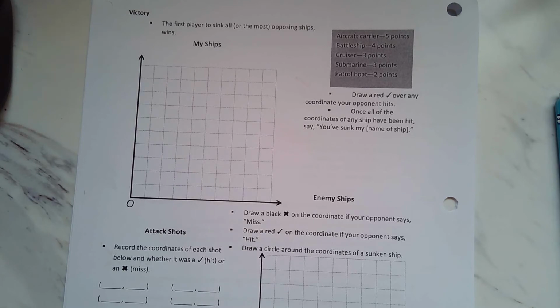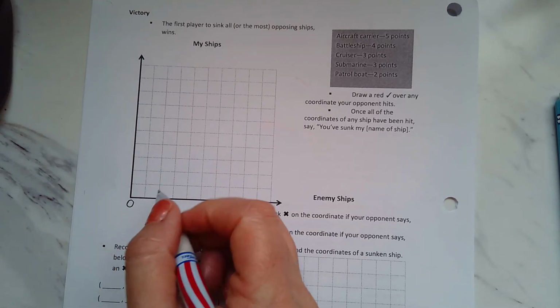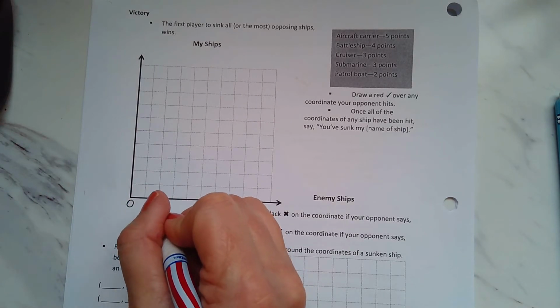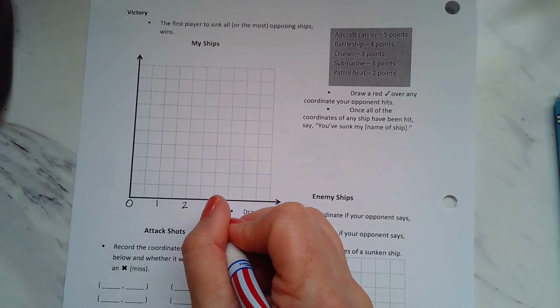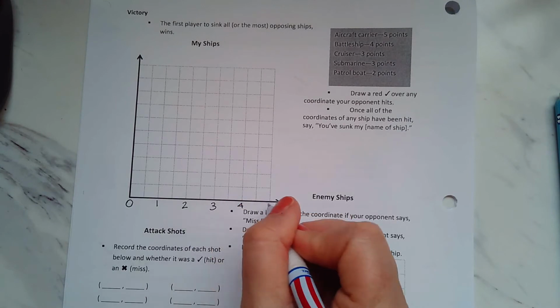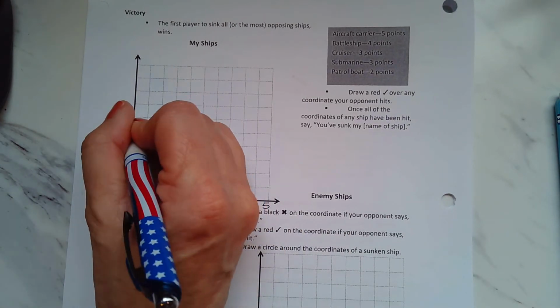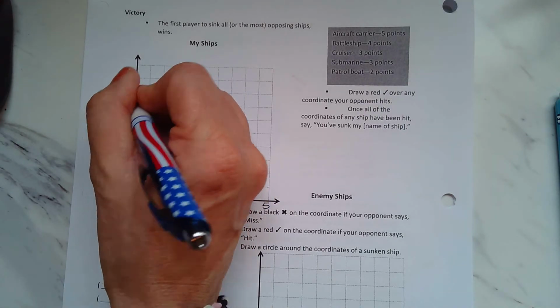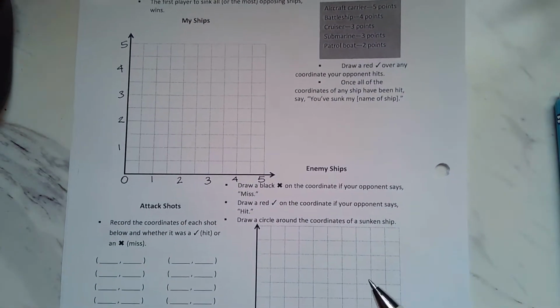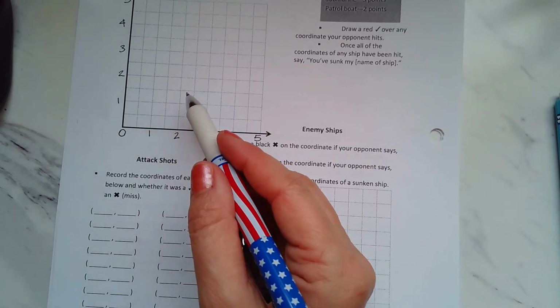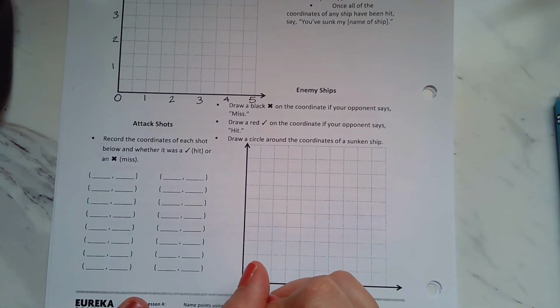That is for you to decide. I think I'm going to do halves. So this is going to be a half, this is going to be 1. I'm going to skip. Whatever I do here, I have to do the same thing down here.